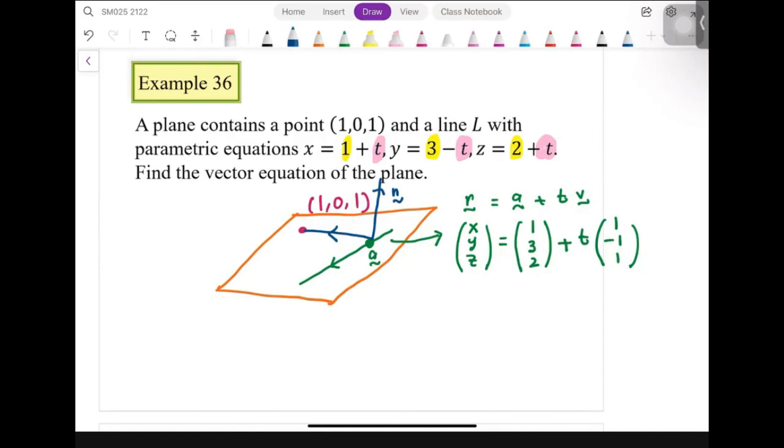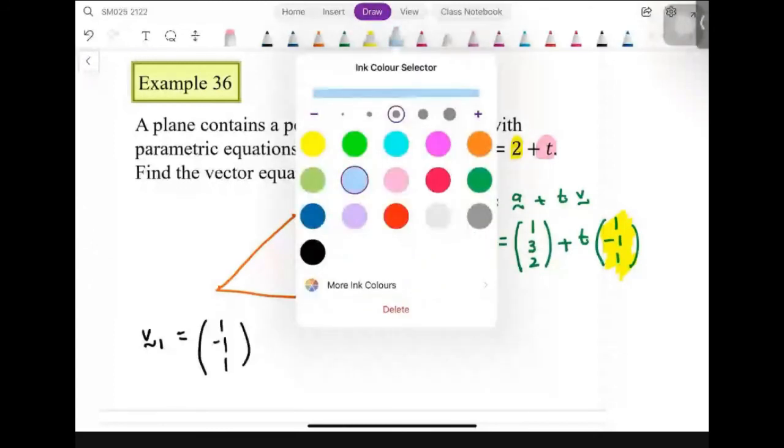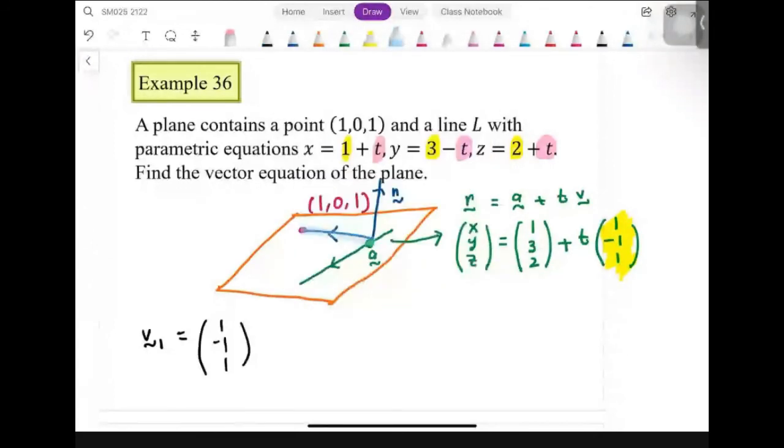Okay. So, direction vector untuk line, jangan lupa mesti ambil yang v. So, v yang belakang ni. So, itu direction vector untuk line. Saya tulis v1 je lah. Kita dah ada v1. v1 is 1, negative 1, 1. Okay. Direction vector yang kedua ni, between point, pergi ke point ni. Point atas line, vector yang depan ni, 1, 3, 2. Pergi ke point yang ada atas plane, 1, 0, 1.